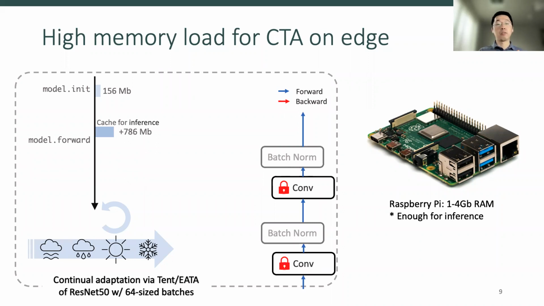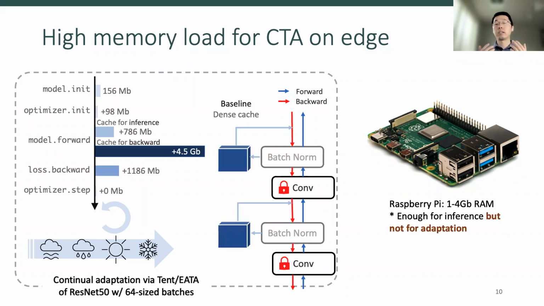So this is pretty cool for devices like a Raspberry Pi, which has 1 to 4 gigabytes of RAM, totally enough for inference. However, when you want to do continual test-time adaptation, this memory is not enough anymore.